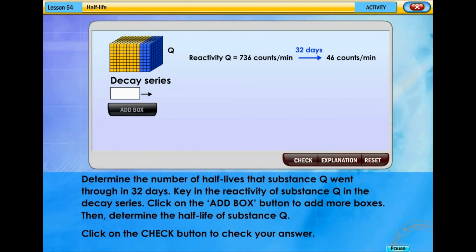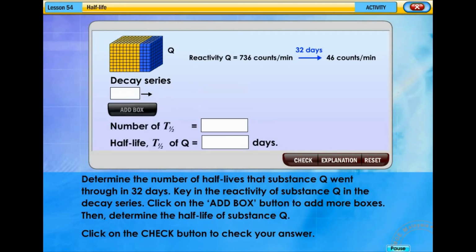Determine the number of half-lives that substance Q went through in 32 days. Key in the reactivity of substance Q in the decay series. Click on the Add Box button to add more boxes. Then, determine the half-life of substance Q. Click on the Check button to check your answer.